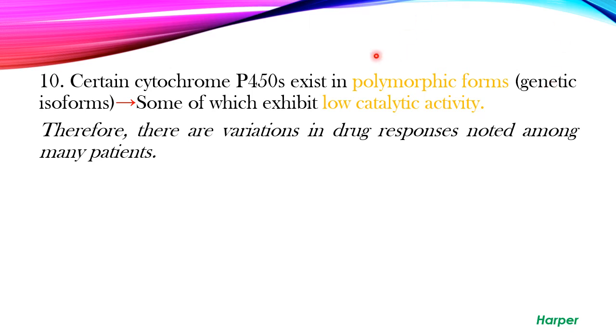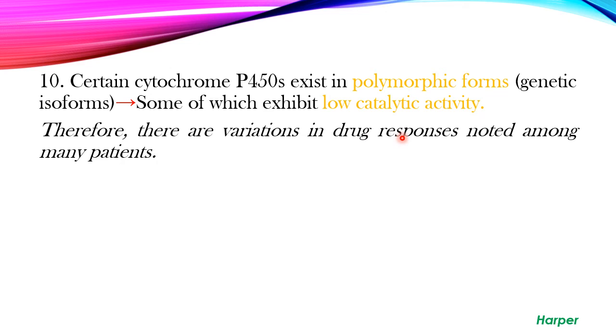And most of the cytochrome P450s that are present in their polymorphic forms show low catalytic activity. It means that polymorphic forms of cytochrome P450 are mostly non-functional or least functional. These are found in the body but cannot perform their actual function. So therefore, the people who are having polymorphic forms of cytochrome P450s would be showing different drug responses.